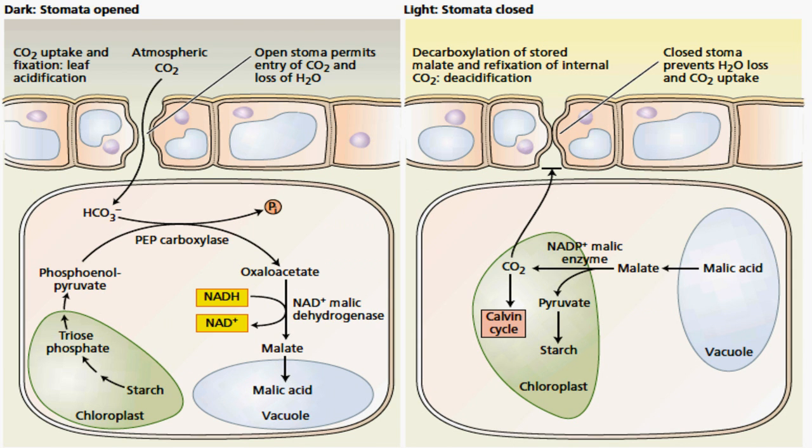Now let's see it in detail. CAM plants such as cacti achieve their high water use efficiency by opening their stomata during the cool desert nights and closing them during the hot, dry days. Closing the stomata during the day minimizes water loss, but because water and carbon dioxide share the same diffusion pathway, that is through the stomata, carbon dioxide must be taken up at night.